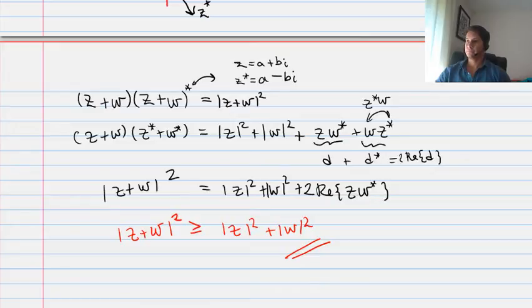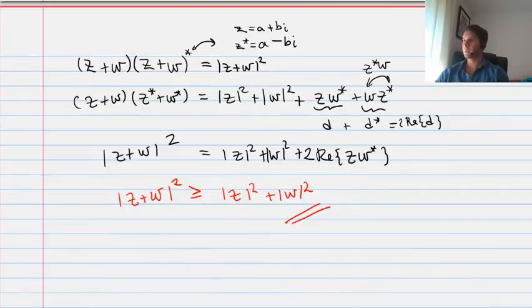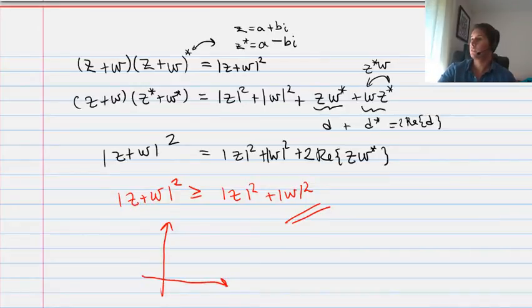Okay, then again, how do we know that the real part is a positive number? The real part. Do we know? Let me see. The real part of this multiplication is always a real number, because if you see it in a plot, for example, let's say Z is this complex number and W is this complex number.